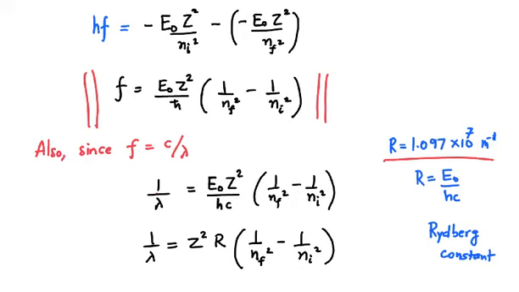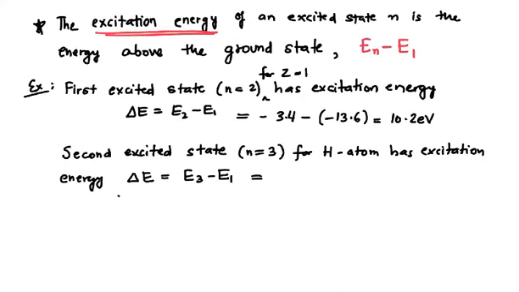In this equation I can substitute E naught divided by hc as another constant, because all these are constant values. This is called Rydberg's constant, and by substituting that in the equation for wavelength I get this, and let me also give you the value of R. So now we have two formulas, one in terms of frequency, another in terms of wavelength.